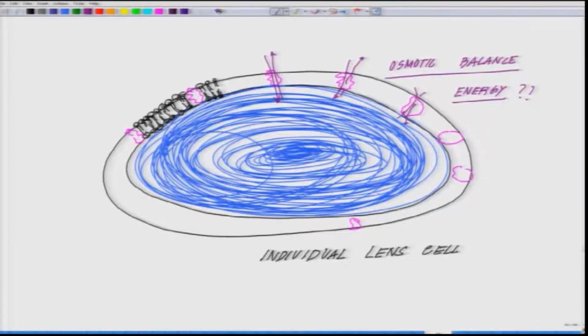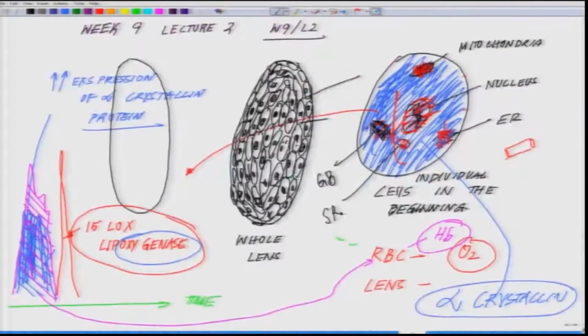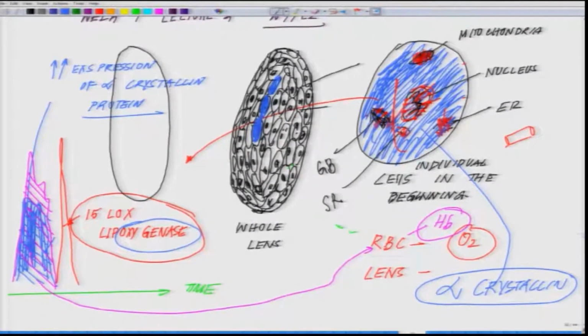So, the structure I showed you earlier, these are once again individual cells, which now become like this.